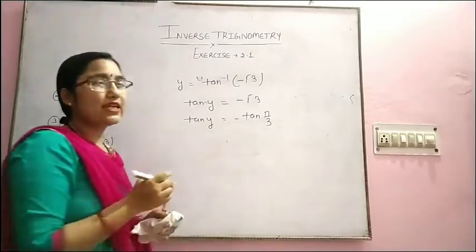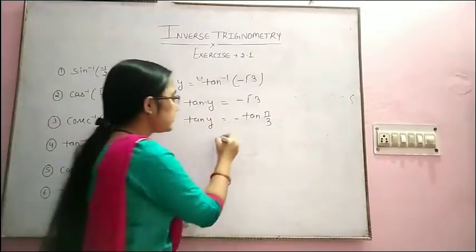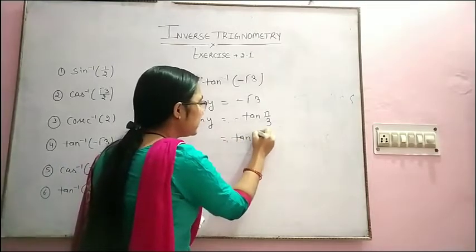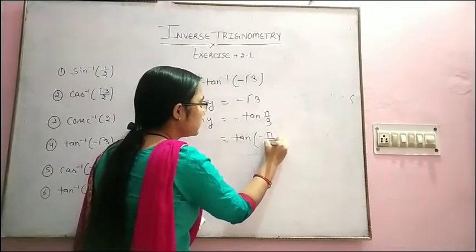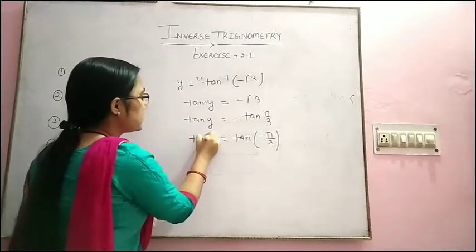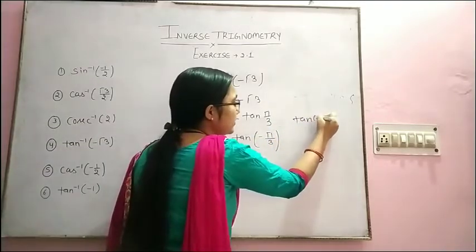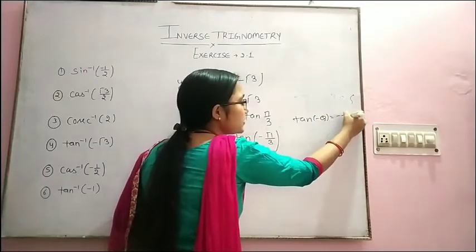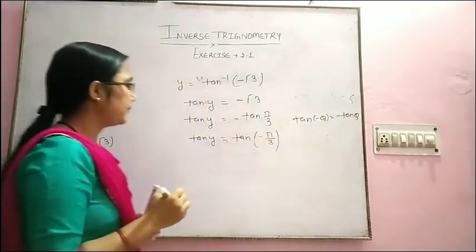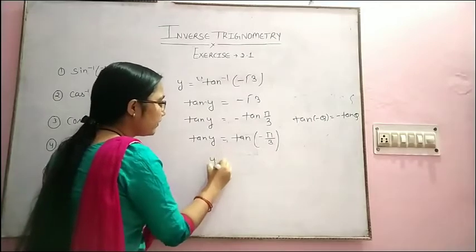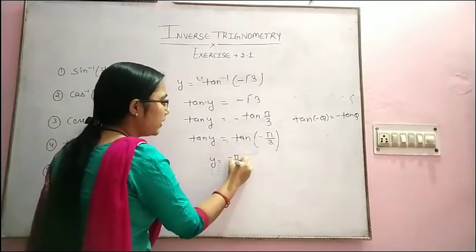And minus tan theta is also written as tan minus theta. That's why we can write tan minus theta, this is tan y. Tan minus theta equals minus tan theta. So by comparing, we get y equals minus pi by 3.